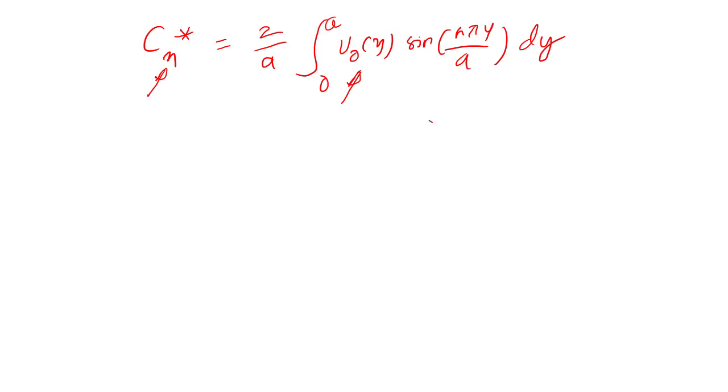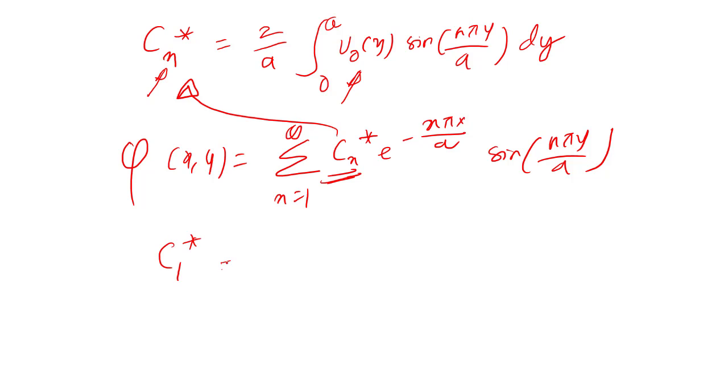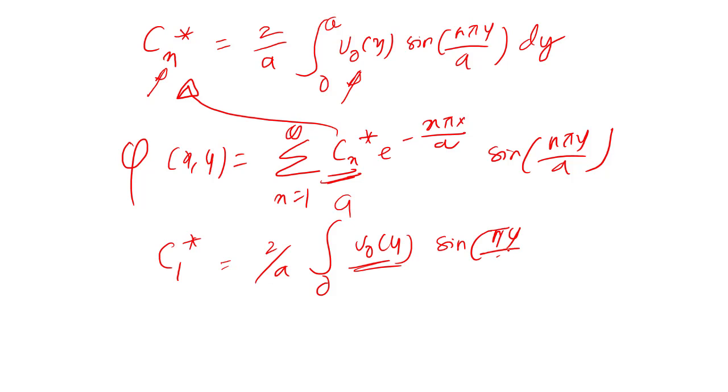In general, we were able to express our solution phi of xy as the sum from n is equal to 1 to infinity of Cn star e to the power minus n pi x by a times sine n pi y by a. And we can determine the Cn star using this equation. For example, if I want C1 star for n is equal to 1, that would be 2 by a times the integral from 0 to a of v0 of y, which is given to us, times sine pi y by a dy. This is a simple enough integral to perform, right?